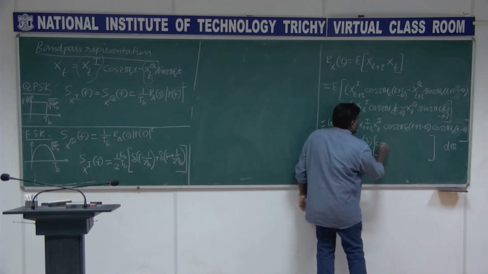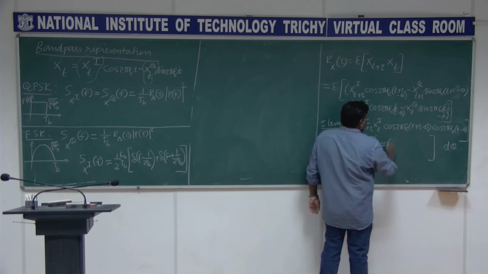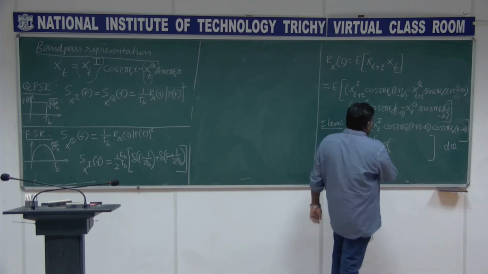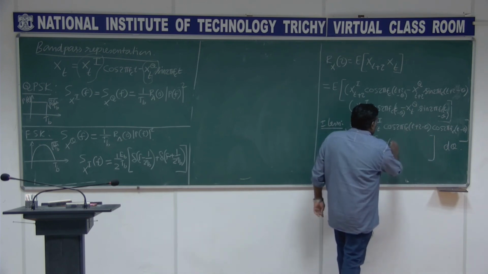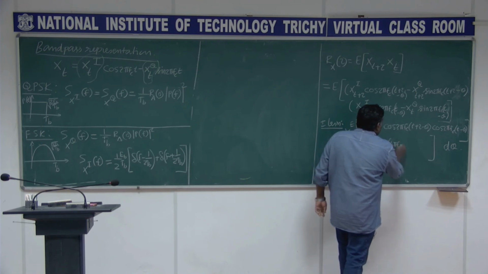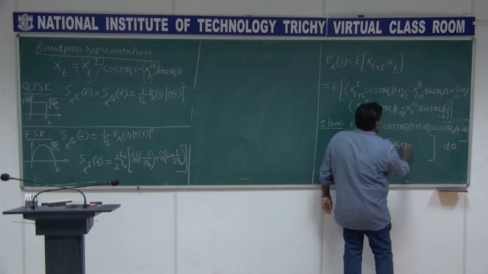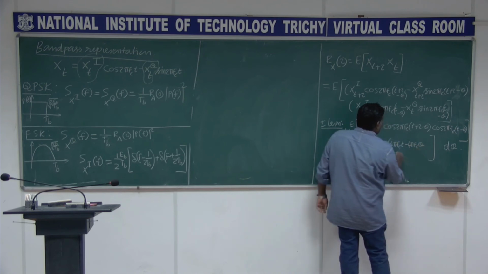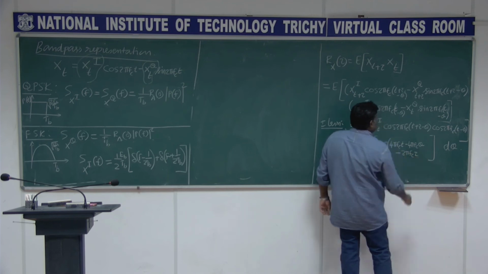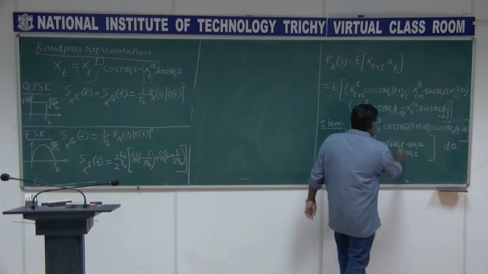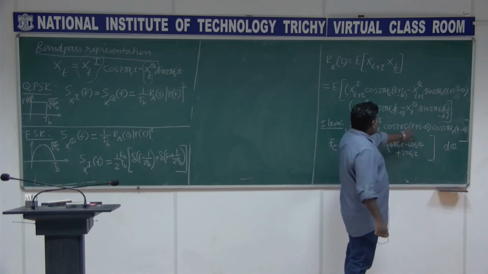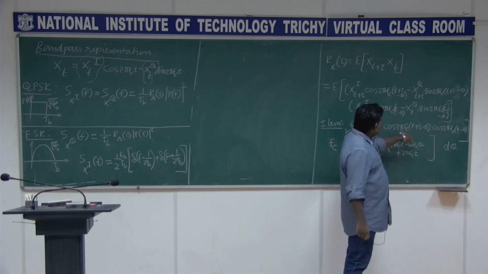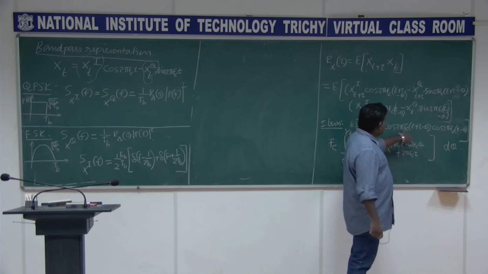So the first term you get, when it is added, similar to what we had earlier: 4 pi Fc t minus 4 pi Fc theta plus 2 pi Fc tau. Here it is plus, not minus, 2 pi Fc t, 2 pi Fc t, it is 4, 2 pi Fc tau is there, and 2 pi Fc theta with the minus is there.